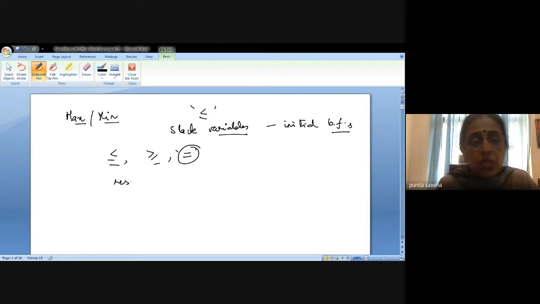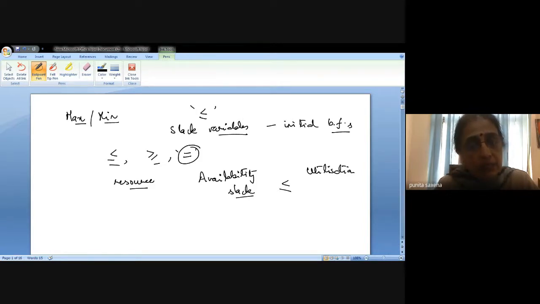Each constraint is representing a resource. On the left-hand side we have the availability of these resources, and on the right-hand side is the utilization, right? So whenever we have availability less than or equal to utilization, that means there is a slackness in that particular resource, and therefore we add that variable.